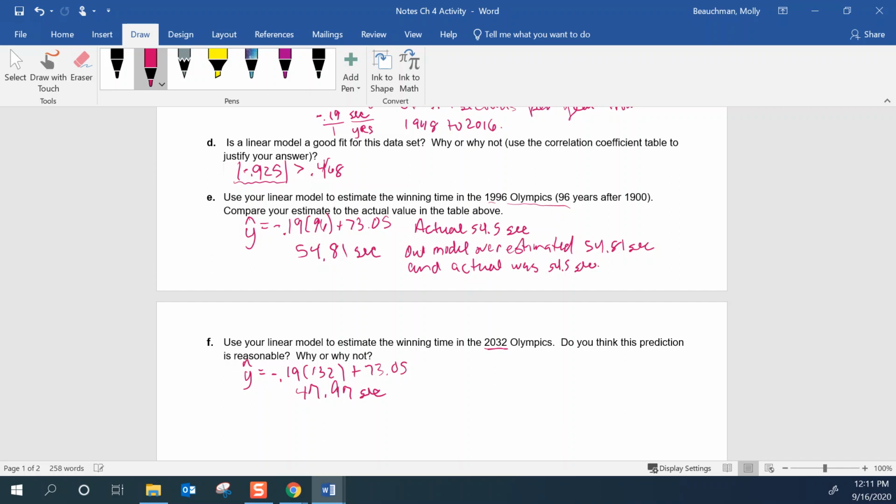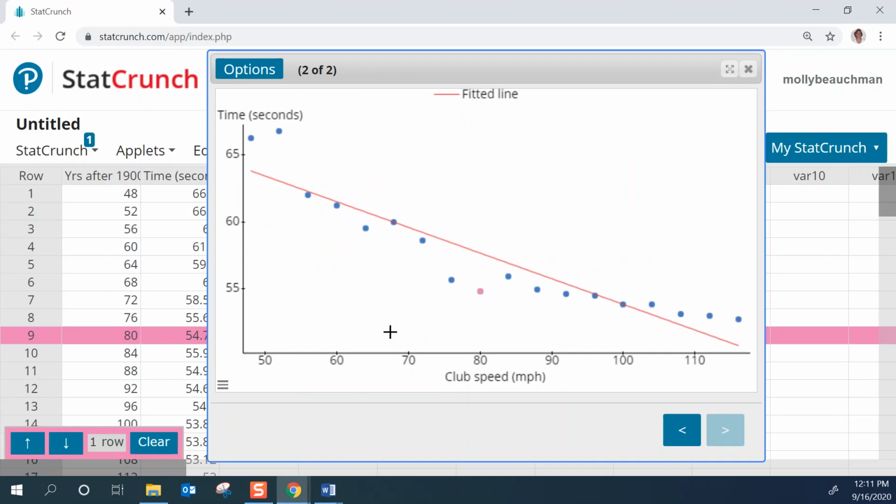We don't have an actual value to compare it to, so we want to talk a little bit about whether that is reasonable or not. So let's look back at the graph and the line. Notice our line fits pretty well for some of the points, but notice the times start to level off later in the years.